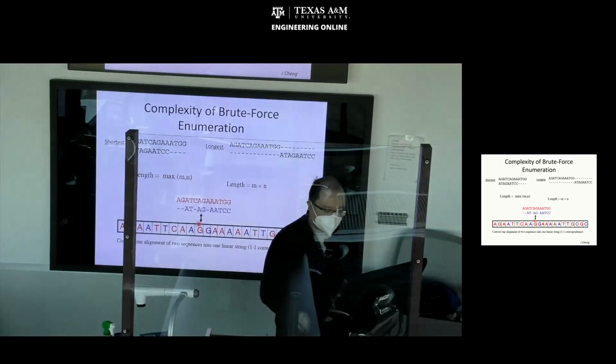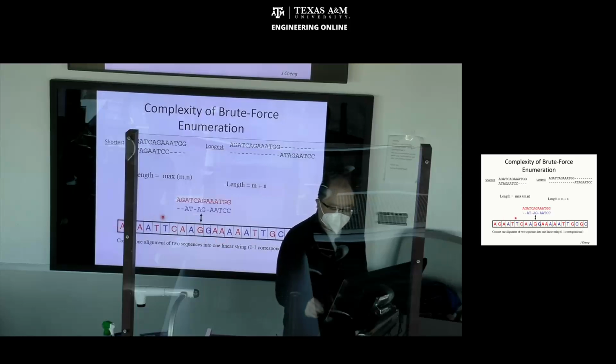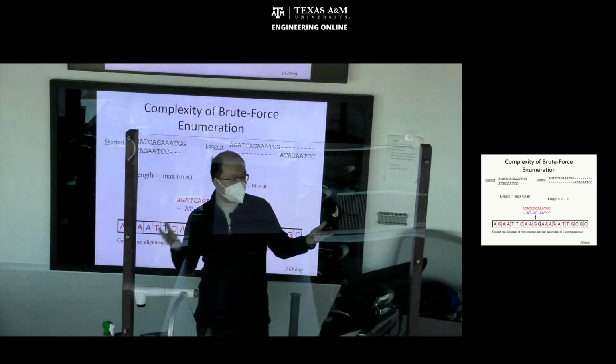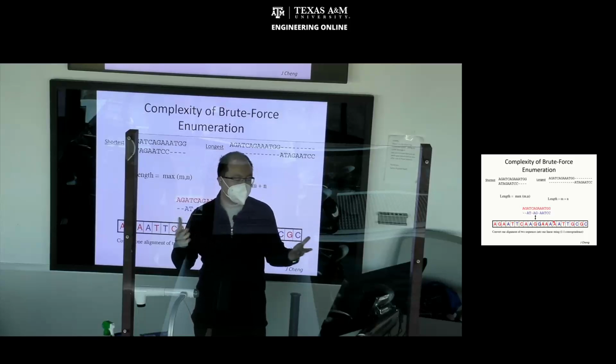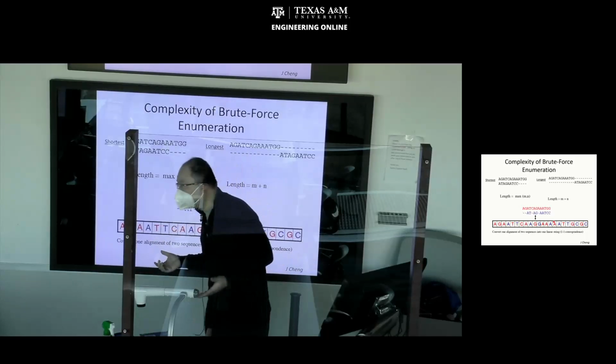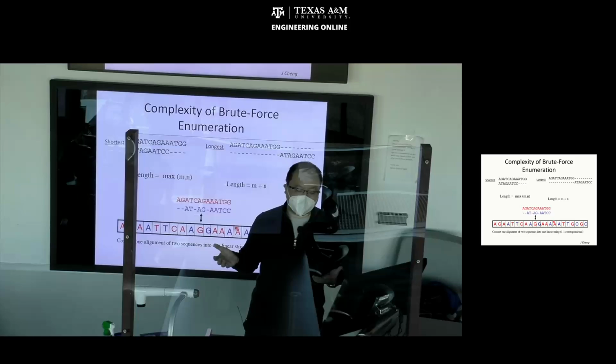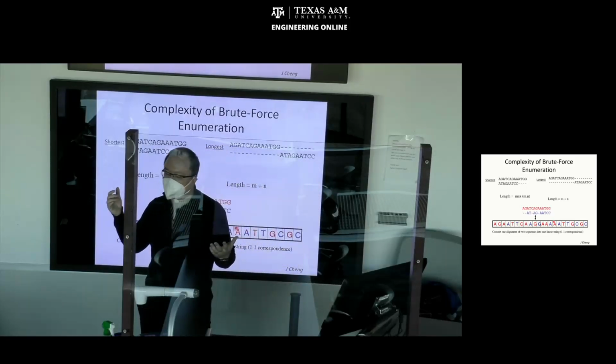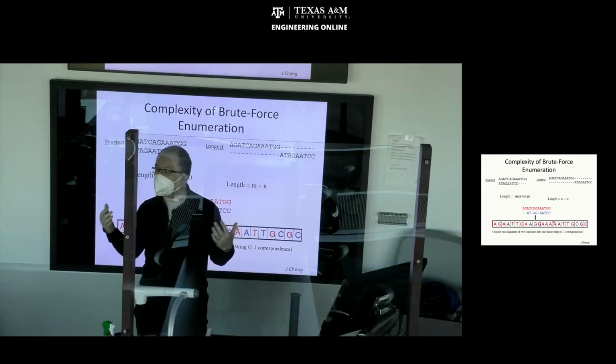Okay, now tell me, based on this new hint, if one alignment corresponds to one linear string, right? There's a one-to-one mapping. Instead of asking you how many alignments are there, can I ask you how many linear strings are there?